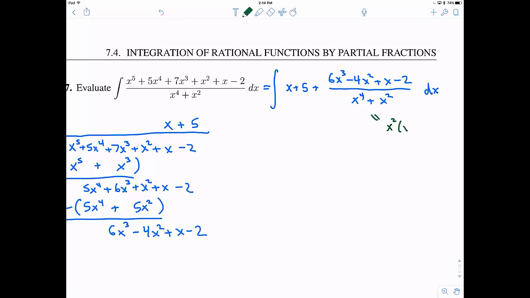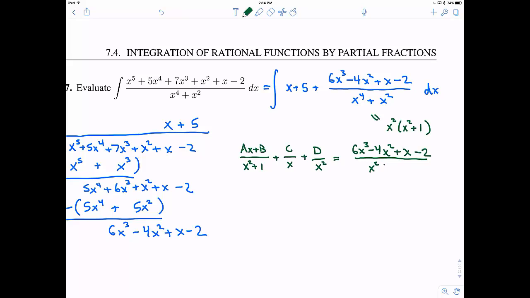So we can take out the x squared, and this will be x squared plus 1 left over. We've actually seen this quadratic before, right? This is an irreducible quadratic. So I need to assume that this thing can be written in the form (ax plus b) over the irreducible quadratic, x squared plus 1, plus c over x plus d over x squared, right? Because it takes on all of the powers between 1 and, in this case, 2.